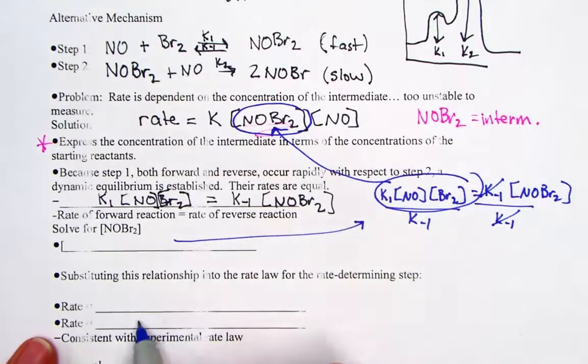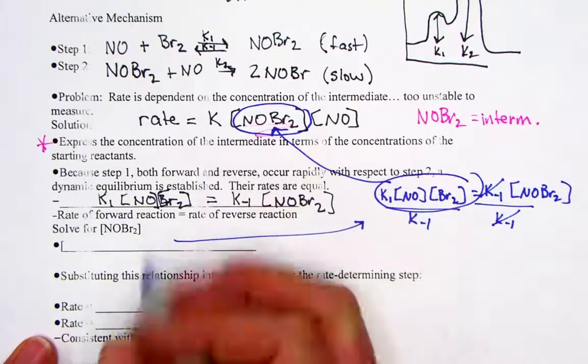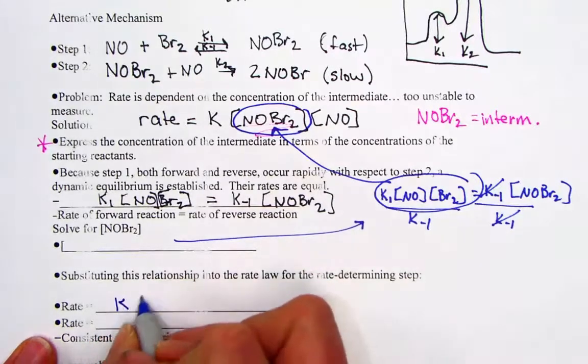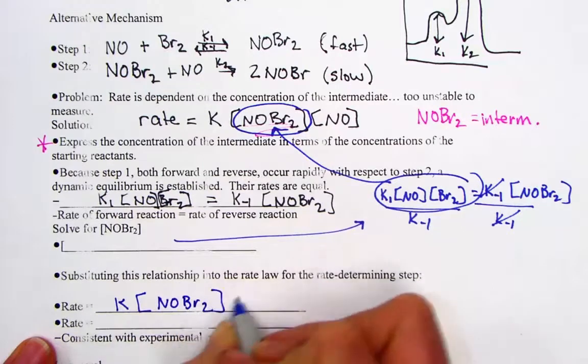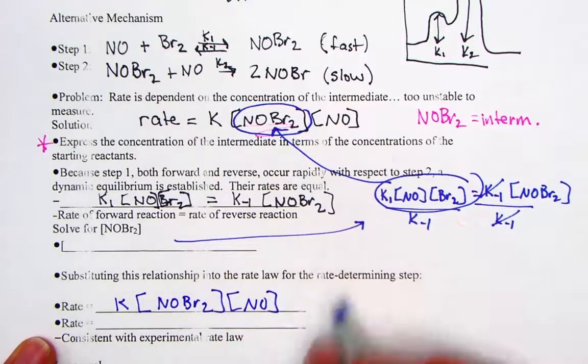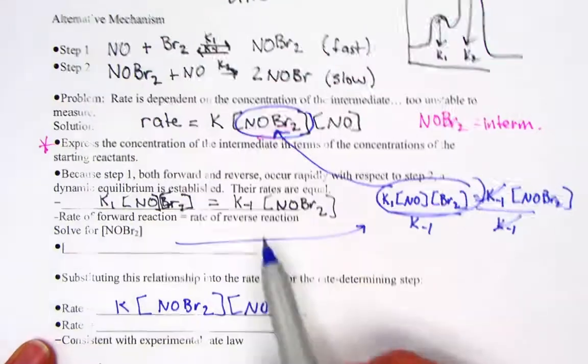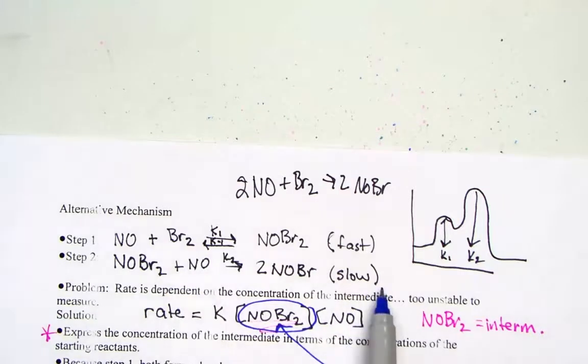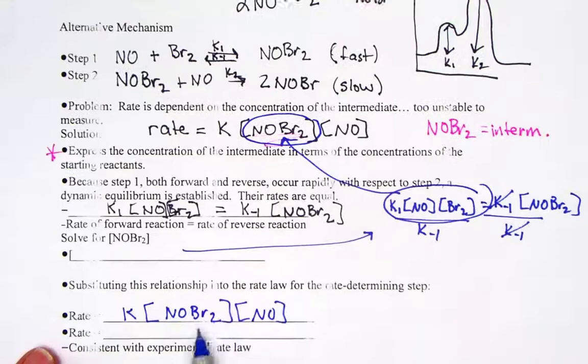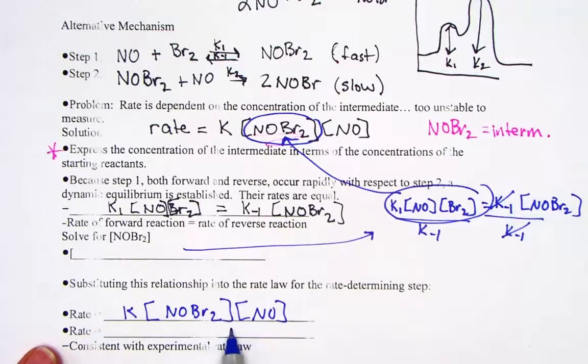Remember how we started: rate is equal to K times the intermediate NOBr2 times the concentration of NO. That's just taking our slowest step and writing it as the rate determining step. The rate comes from the slow step. So that's just rewriting this down here.